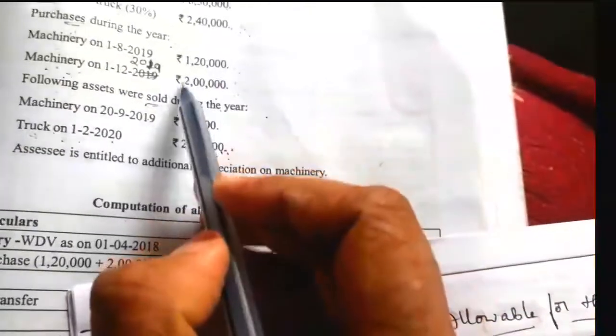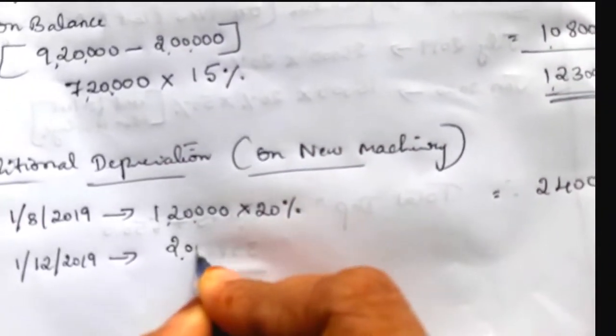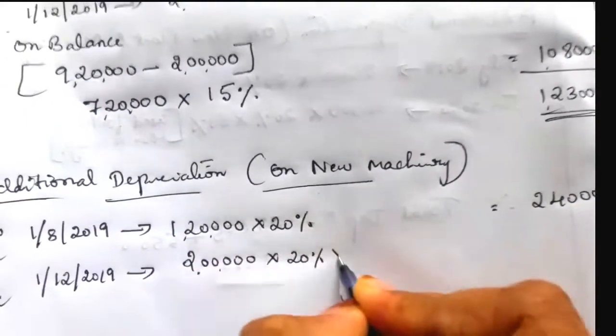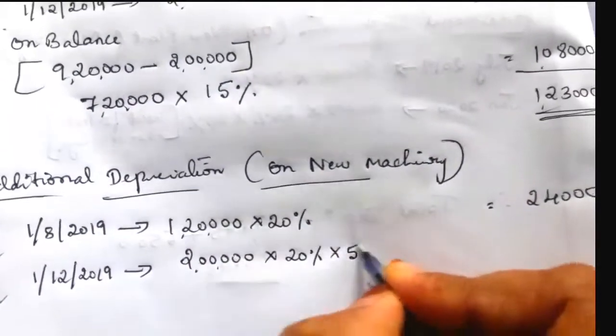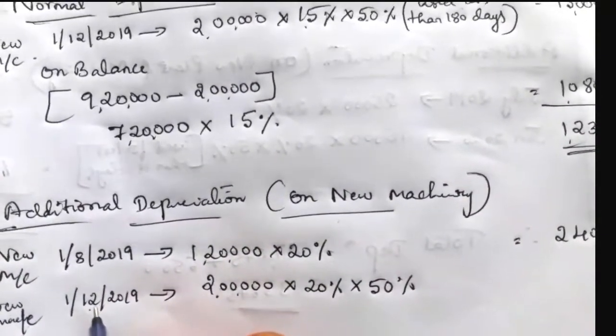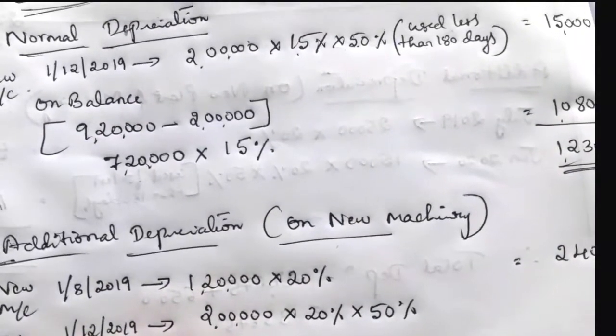So the value of the machinery is how much? 2 lakh is the value of the machinery. So 2 lakh into the rate of 20%, but along with that we have to take 50% because it is purchased in the month of December. So after October, December, January, February, March, only 4 months it is used in the business.